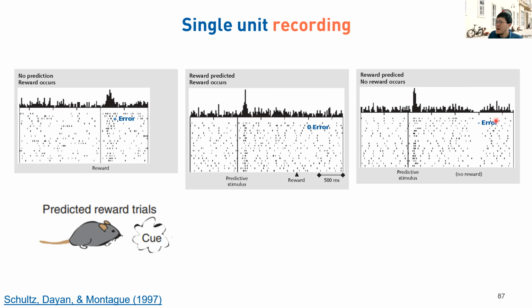And more interestingly, if I see the cue at the very late stage of the experiment, when the association is established, the researchers remove the reward from the cue. So they give the animal only the cue, but without giving them the reward. This is the interesting part.